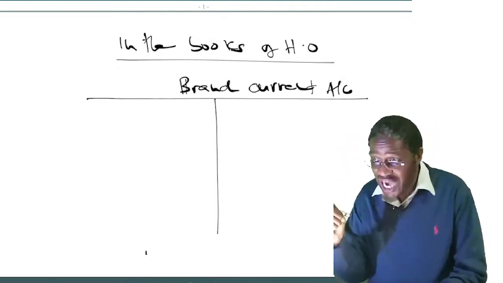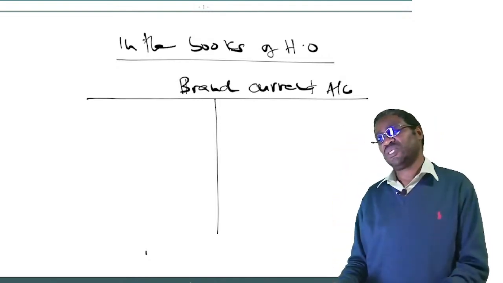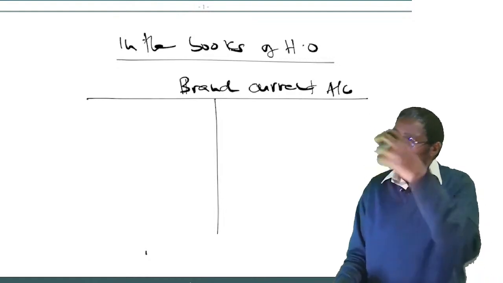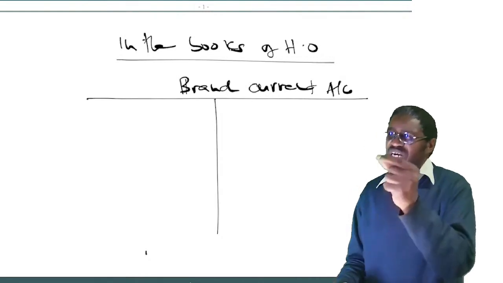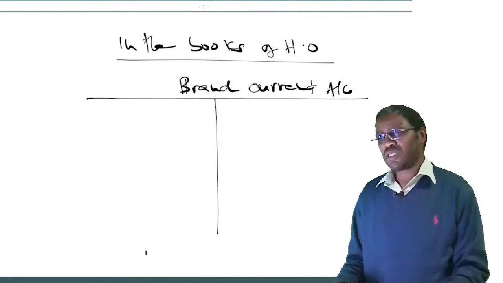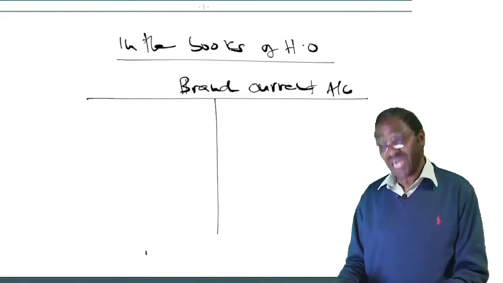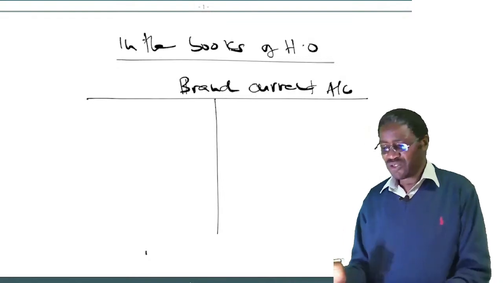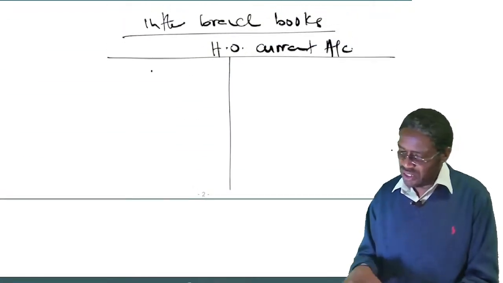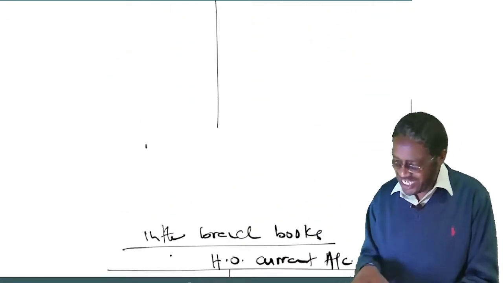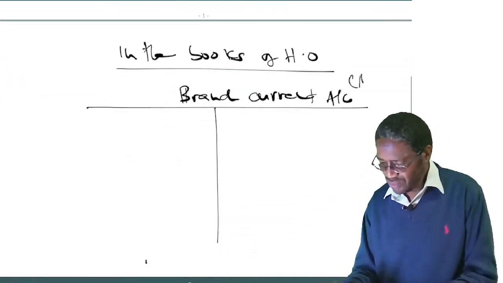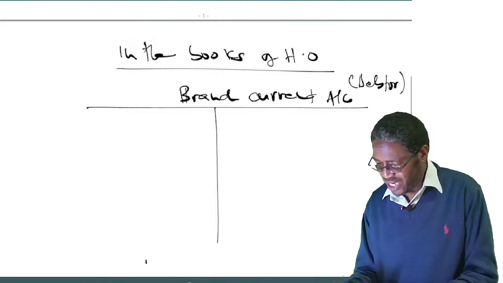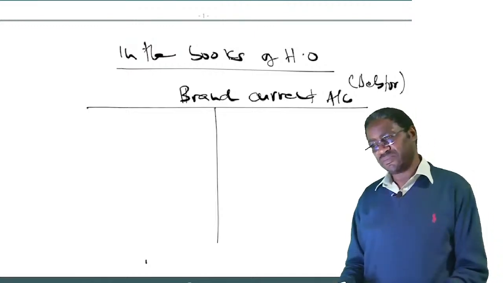In other words, to me as a head office, that branch becomes like a debtor. To the head office, the branch is like a debtor.